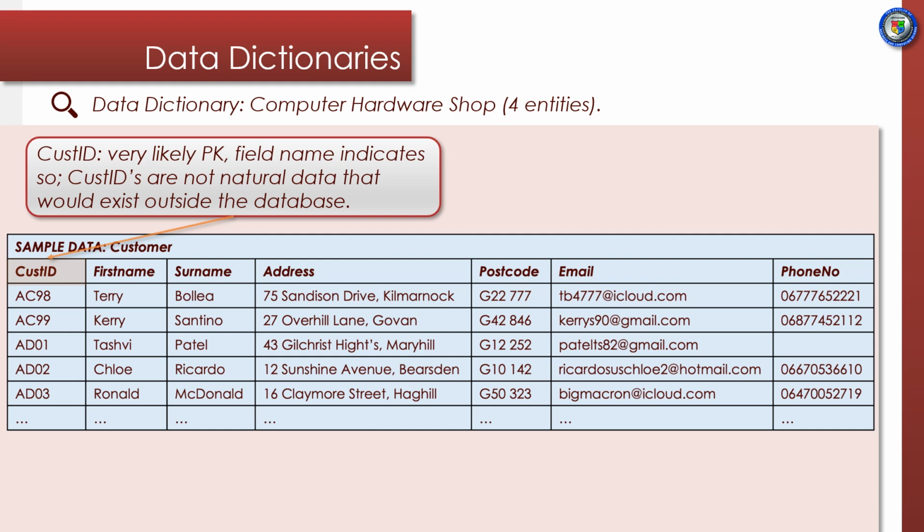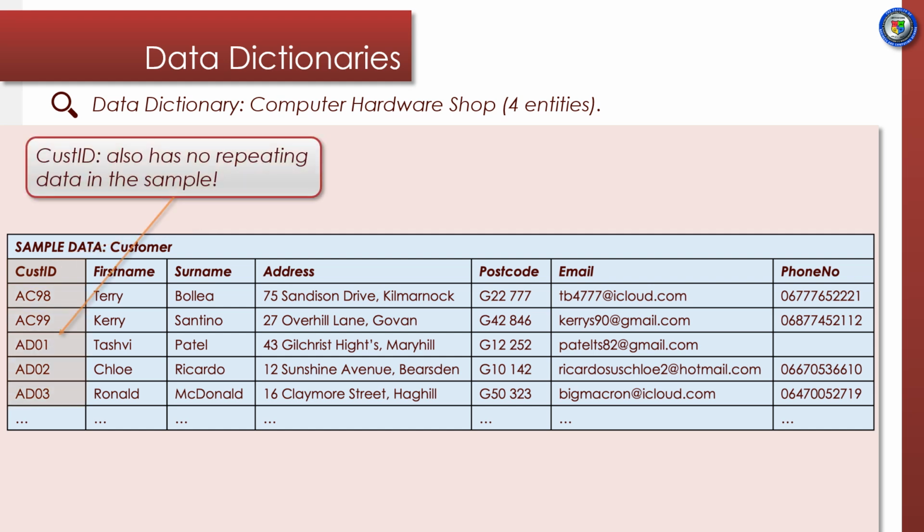It's firmly a unique identifier. It also has no repeating data in the sample, so each customer ID is unique, and it will uniquely identify each instance of the customer entity or each record within the customer table.